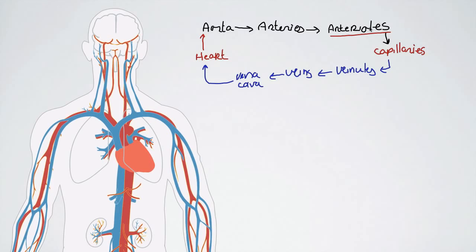If we relax the muscles, we dilate the arterioles, they are going to expand, and of course that's going to decrease peripheral resistance. And it's really simple. It is harder to get something through a very narrow tube than it is to get something through a thicker tube. So by constricting the arterioles, that is going to increase peripheral resistance. By dilating the arterioles, that is going to decrease peripheral resistance.